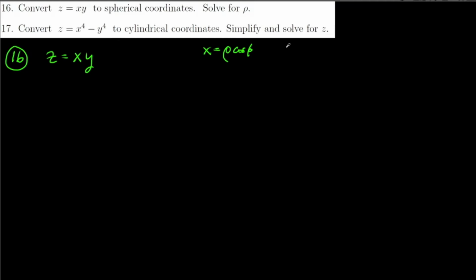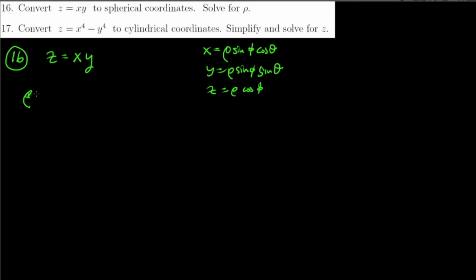Sorry, I think I got this wrong. So x is rho sine phi cosine theta, y is rho sine phi sine theta, and z is rho cosine phi. So just plug them in, right?